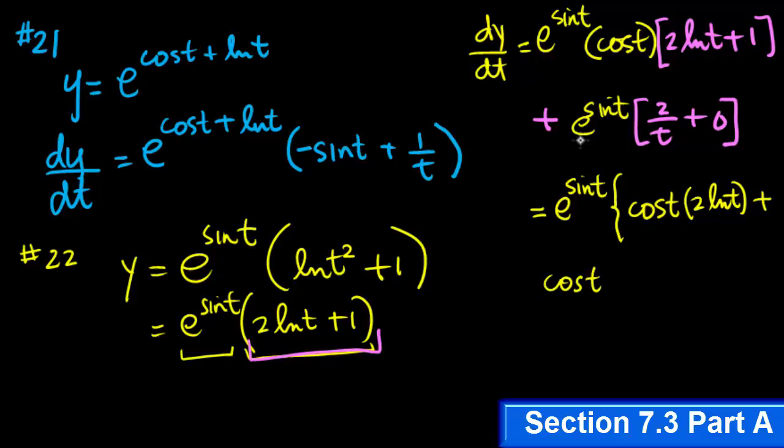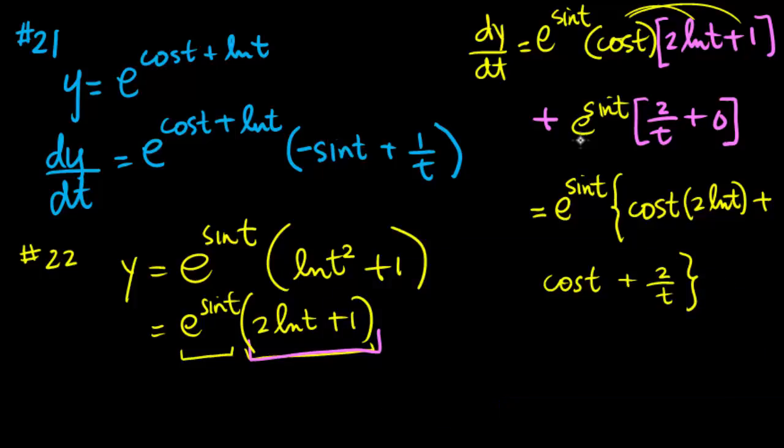I'm just distributing that over here. Plus 2 over t, and that's your final answer. Alrighty. Okay, so we're done. So that's dy by dt. Now I think we're ready to take integrals.